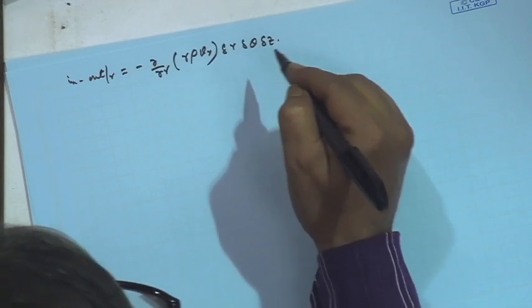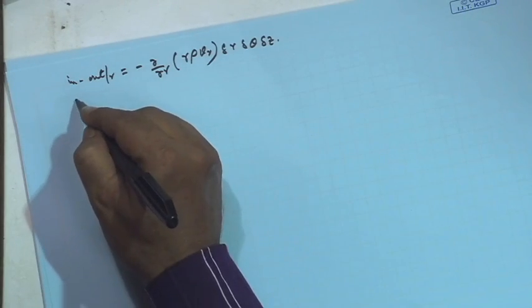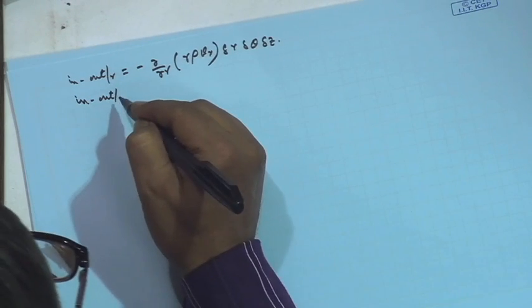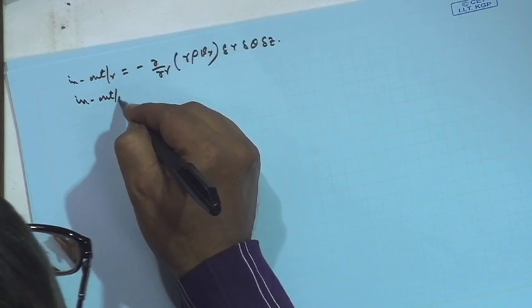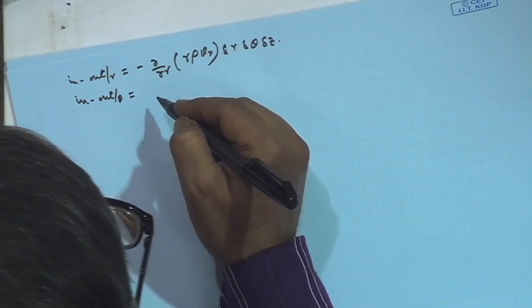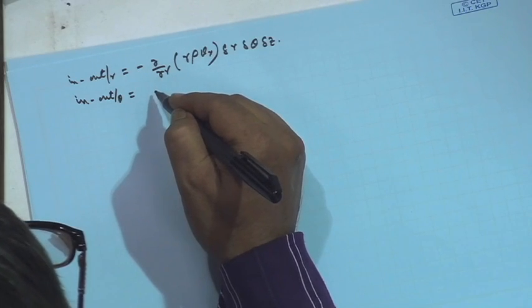So in a similar way, exactly in a similar way, we can also write in minus out, that is mass flow in minus mass flow out at the coordinate theta, then we get similar to that.